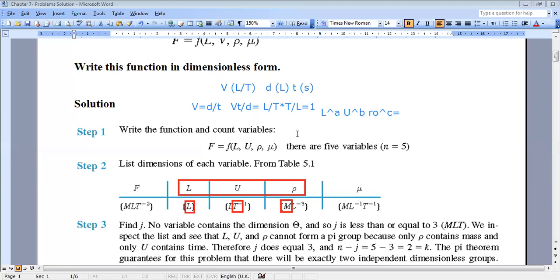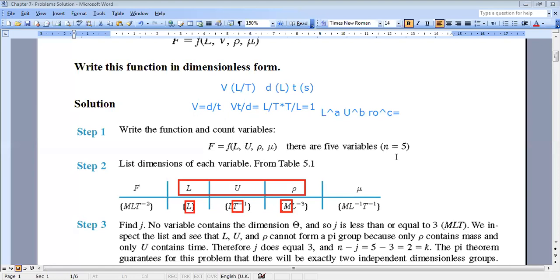It consists first of listing the variables and finding their number. So here we started by counting the variables. We have in total 5 variables. Now the next step is to determine how many groups I can form.